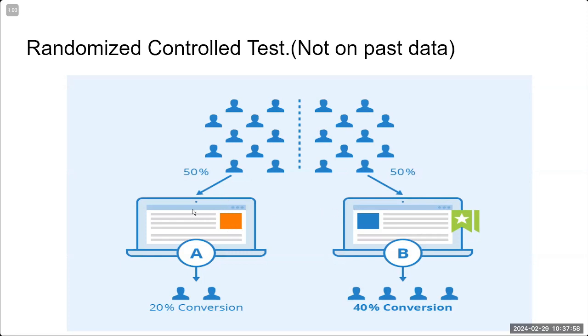For the control group you are not sending any email, and for the treatment group you are sending the promotional email. From the control group there is 20% conversion for your product, and for the treatment group there is 40% conversion. From this conversion rate, we can say that sending the email was somewhat useful.